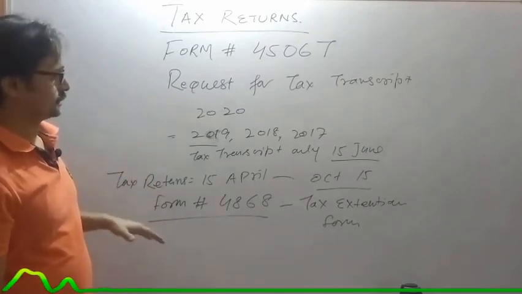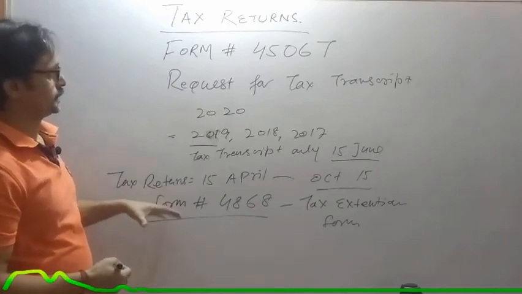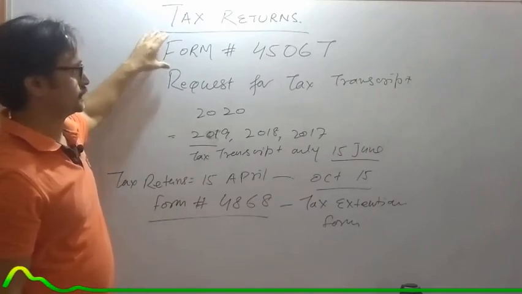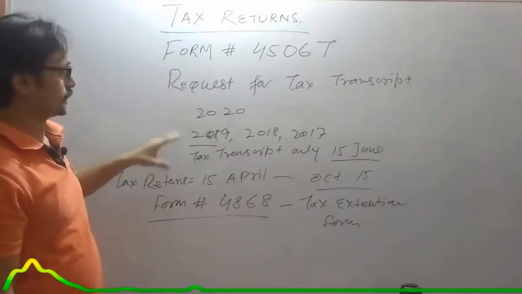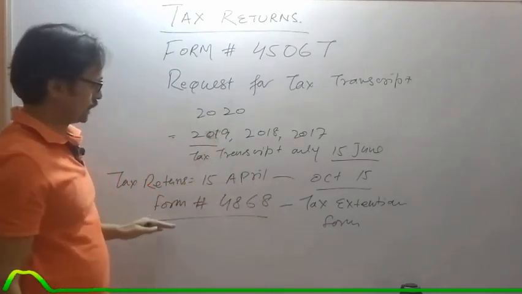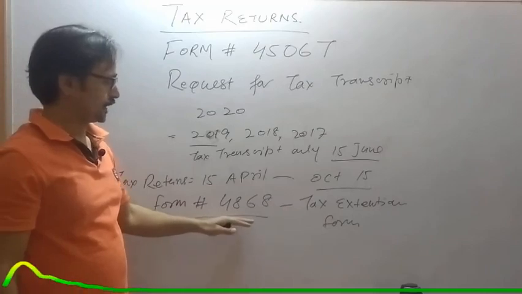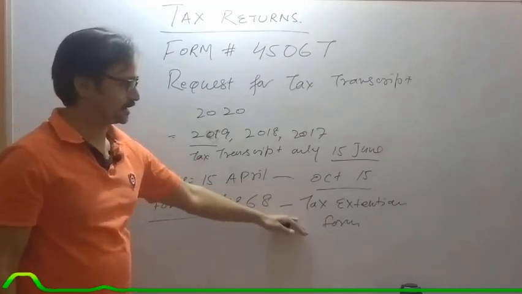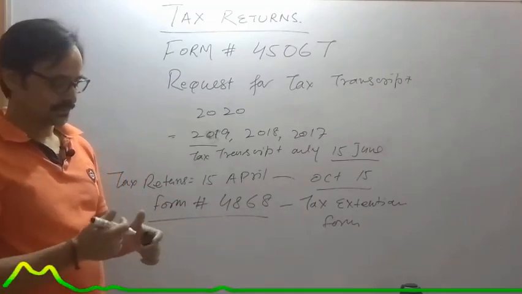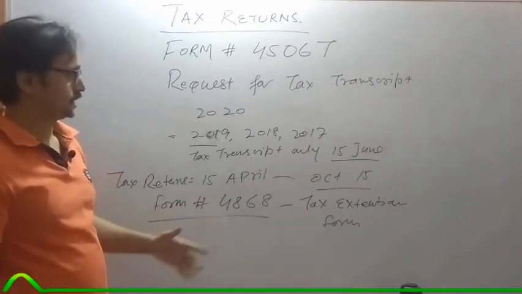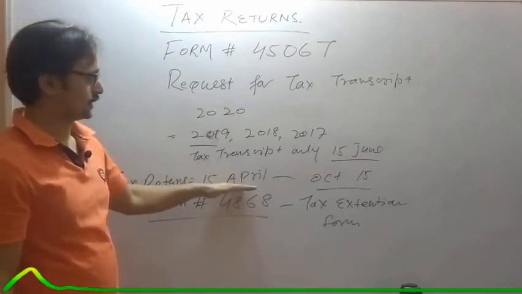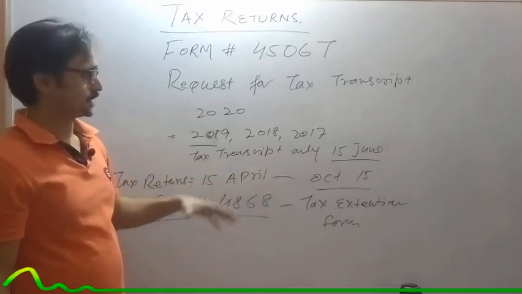Then tax transcript. For a tax transcript, we always send the 4506-C to get it. If the borrower hasn't filed taxes yet, even after 15th April, they should have the 4868 form, that is the tax extension, which needs to be sent to the IRS department, and a copy of that could be availed by the lender to justify that the borrower hasn't filed tax returns for the current year.